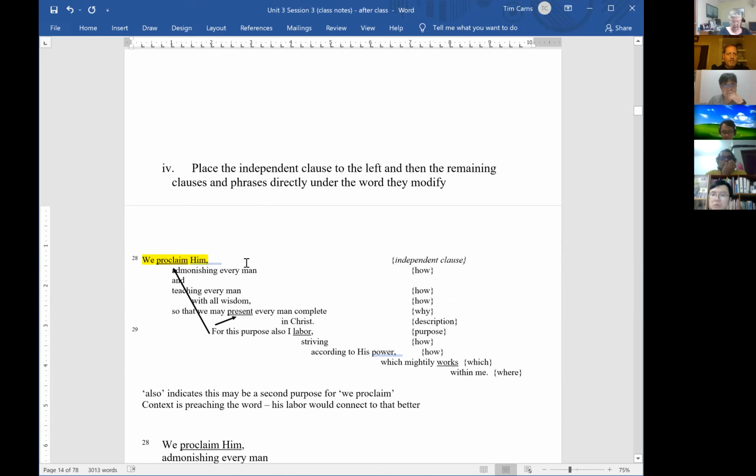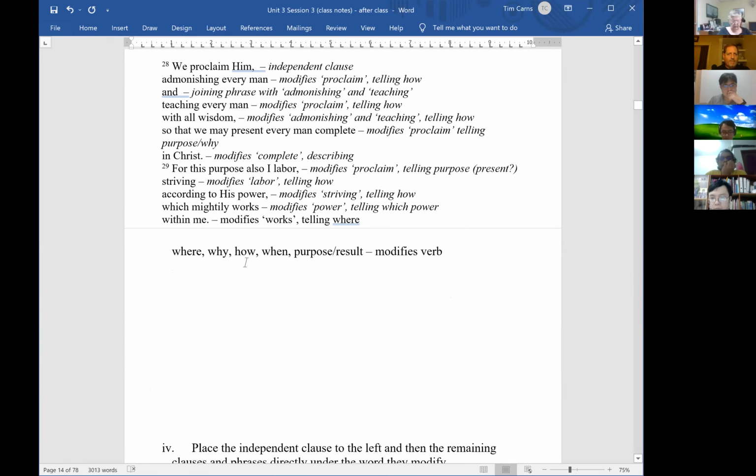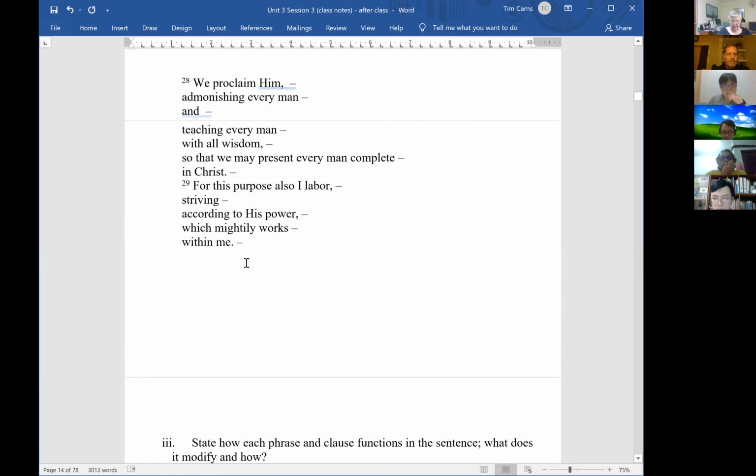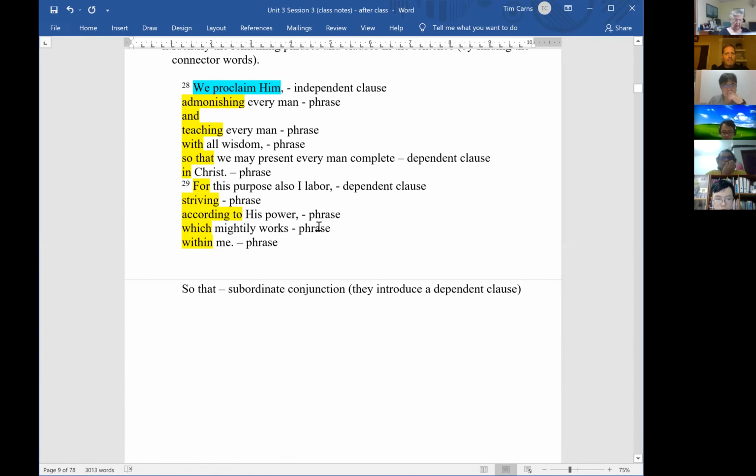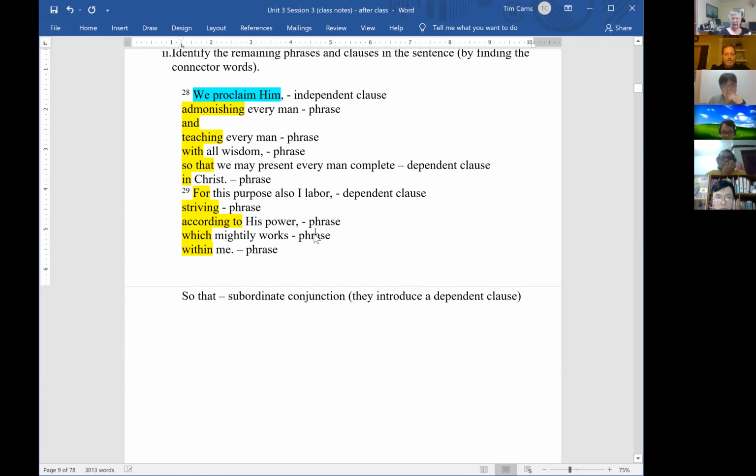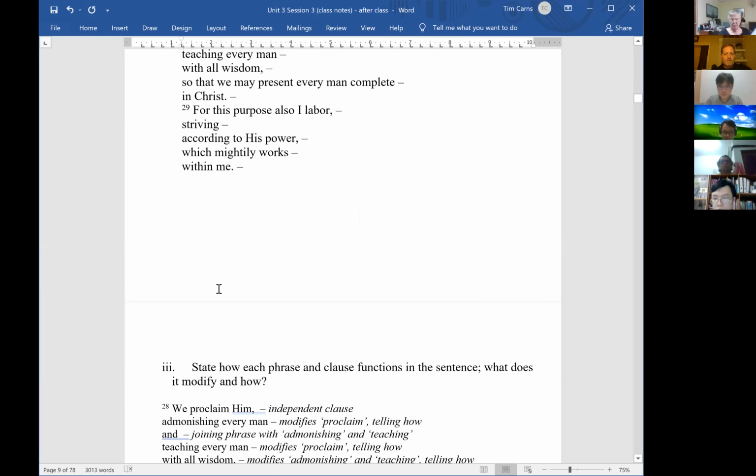All right, so did we misstate that earlier? Yeah, okay, so that's my fault. Good catch. So this is a dependent clause because we have the subject which and the verb works. And that which tells us it's dependent on something else. So thank you for catching that.